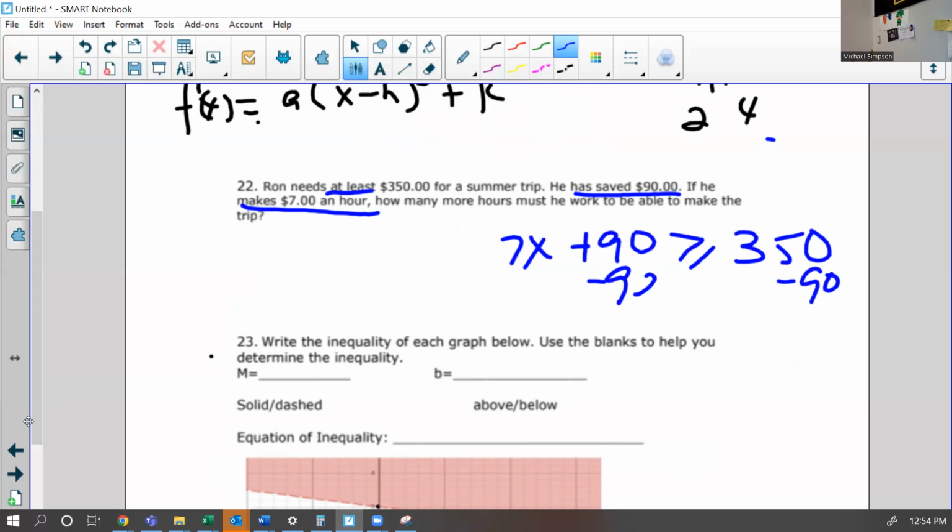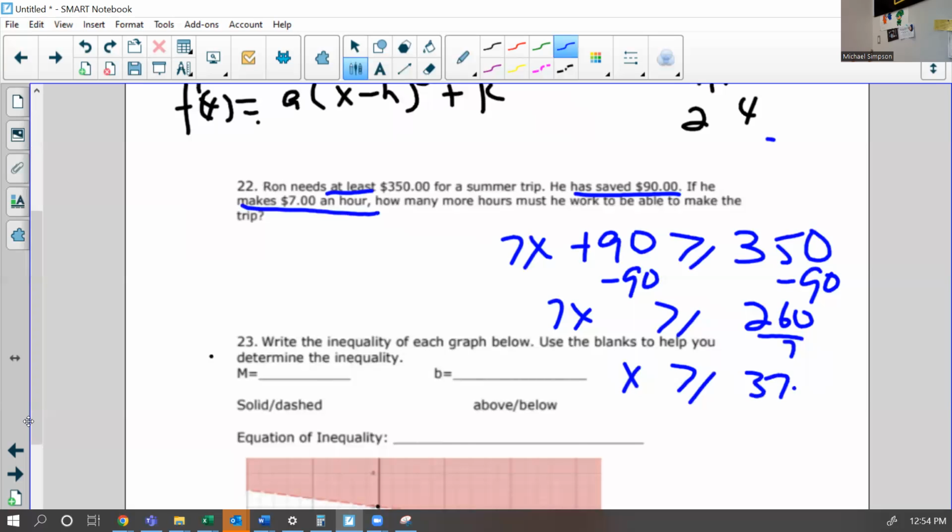I'm left with 7x is greater than or equal to, that's going to give me 210. Is that correct? Yes, 210. And then divide both sides by 7. That gives me x is greater than or equal to roughly 30 hours.